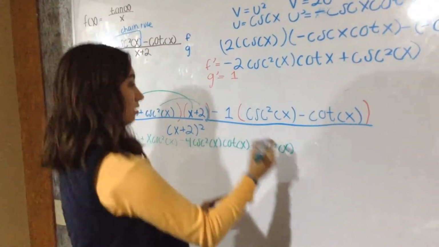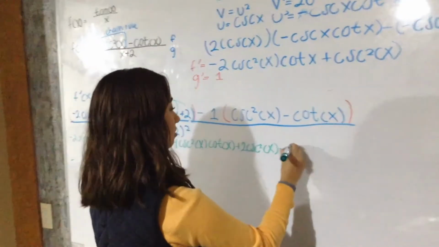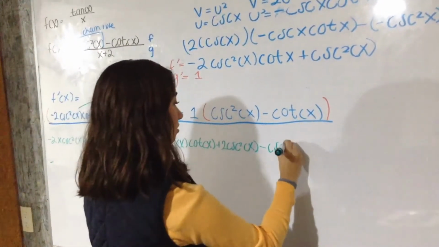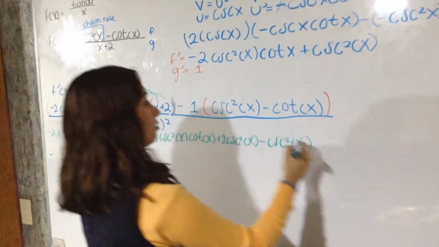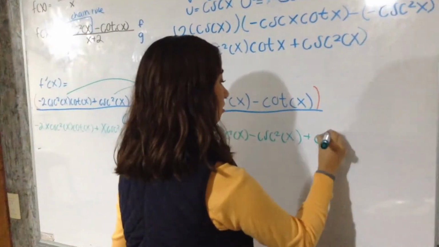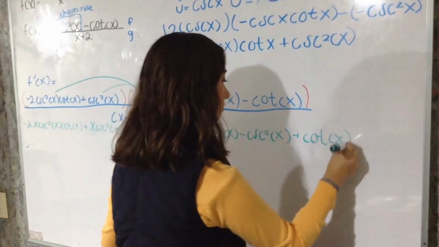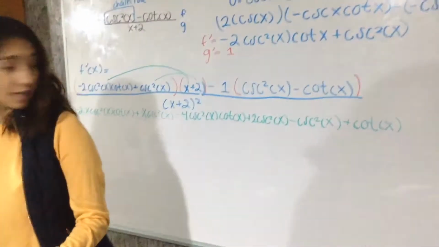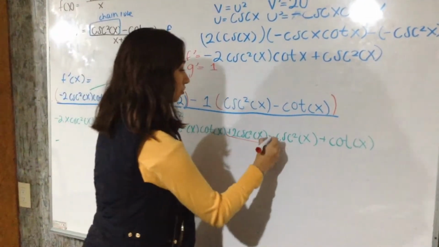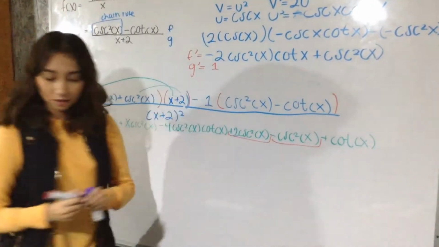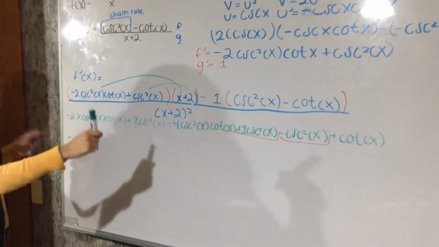This is going to be minus, and minus by minus is plus. Finally, we are going to identify the similar terms that are these two. And we are going to simplify our equation.